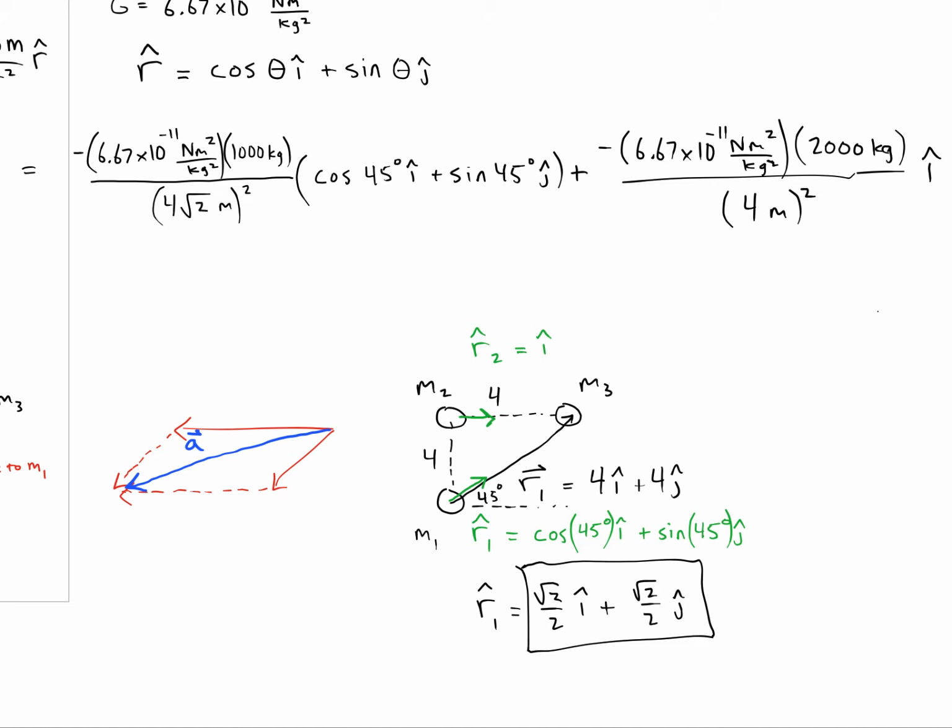Alright, that's the setup. All we gotta do is just calculate it all. I'm getting negative 2.084 times 10 to the minus 9. That'll be newtons per kilogram will be the units. And then we'll multiply by radical 2 over 2I plus radical 2 over 2J.